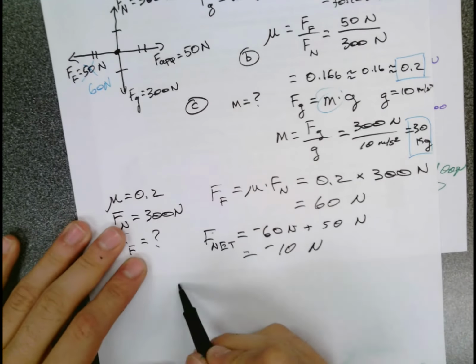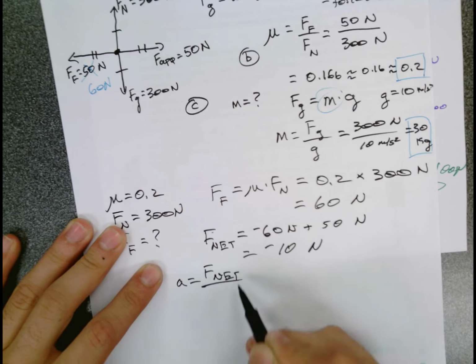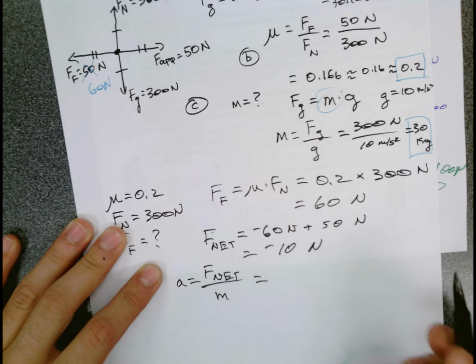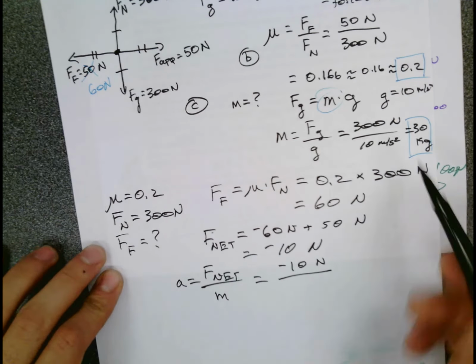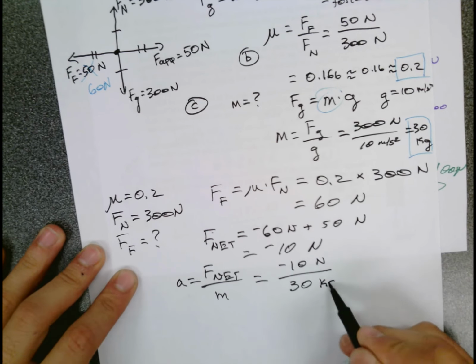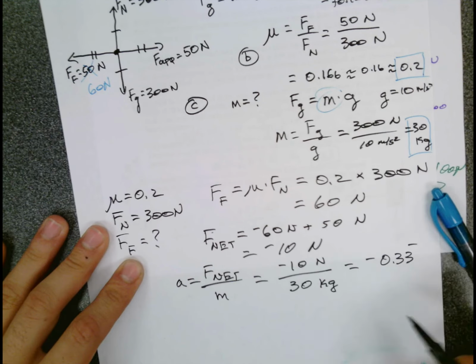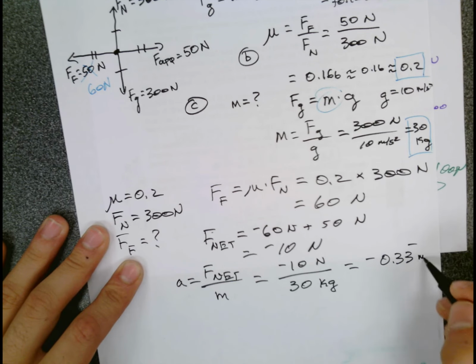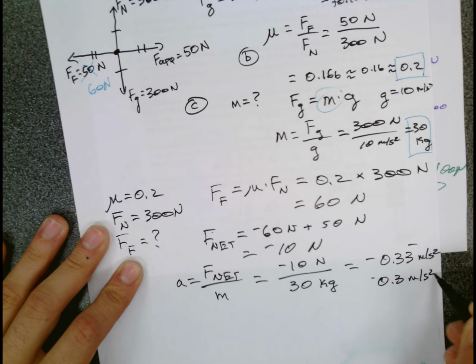We know the equation for acceleration is a equals the net force divided by the mass. So we get a net force of minus 10 newtons divided by a mass of 30 kilograms. We get negative 0.333, repeating, meters per second squared. Round that, you get negative 0.3 meters per second squared as our answer.